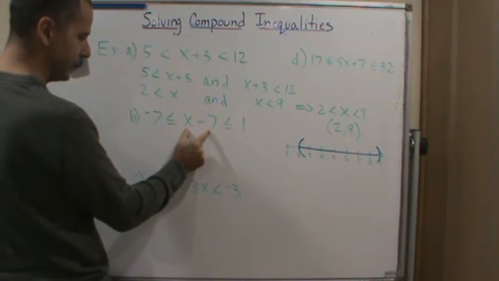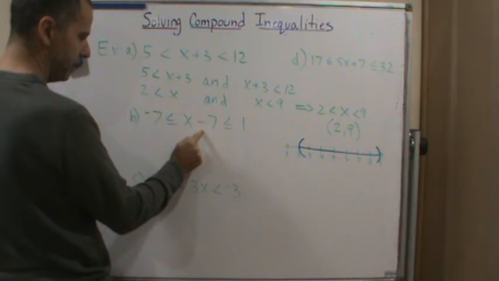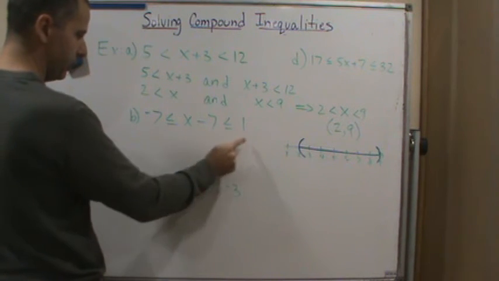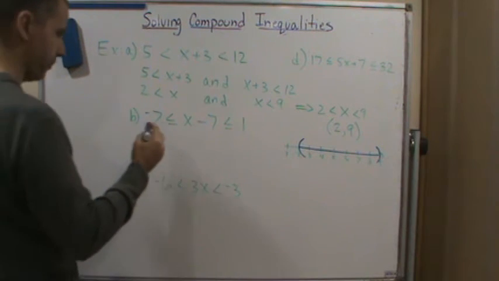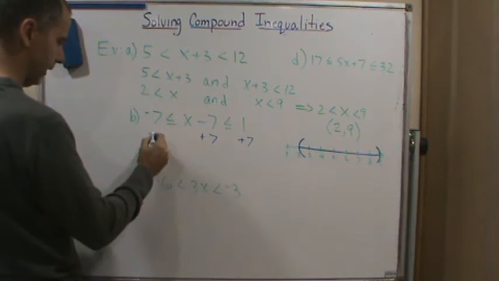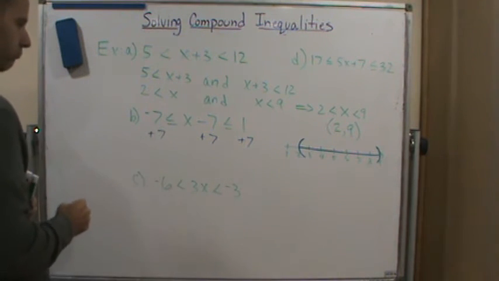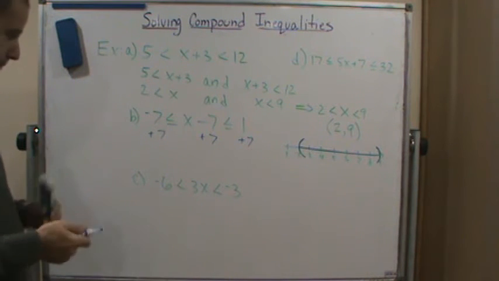I got to get the x by itself here. So in order to do that, I've got to add 7 here. Well, if I add 7 here, I'm going to add 7 to the other 2 places as well. So if I add 7 here, then I've got to add 7 here, and I've got to add 7 here, to keep the inequality relationship the same.